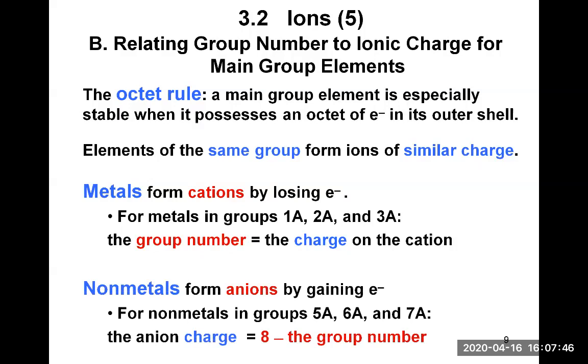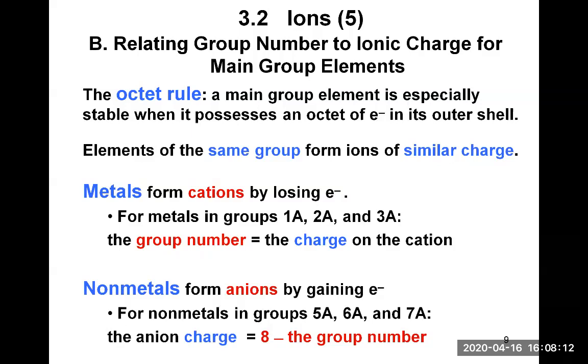Nonmetals like to form anions by gaining electrons. And for the main group elements that are nonmetals in group 5A, 6A, and 7A, to obtain the charge on the ion, you do 8 minus the group number. So for example, 8 minus 5 will be 3.